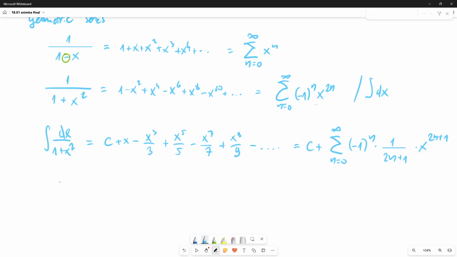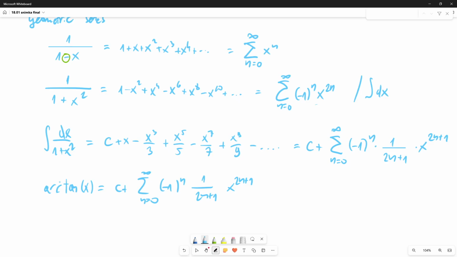Since we know that here on the left side we have arctangent of x, and on the right side we have this sum plus constant c, the only thing that remains is to take care of the constant c.